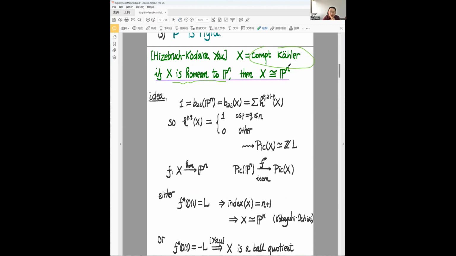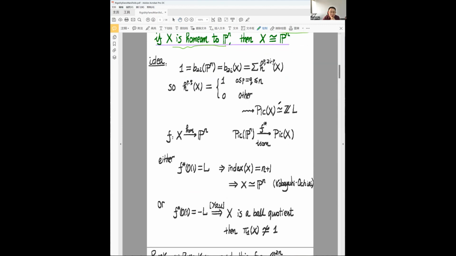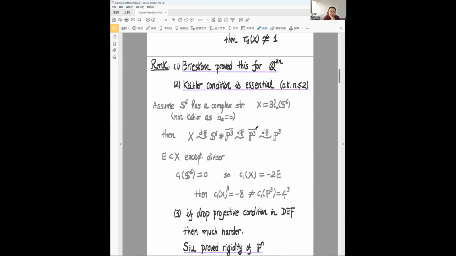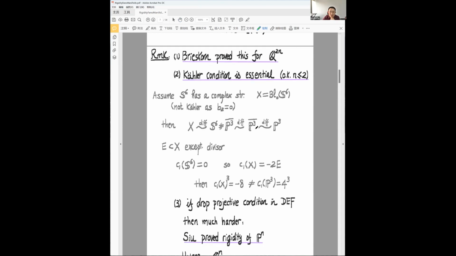So this Kählerness is quite important. In particular, this is related to the existence of a complex structure on the 6-dimensional sphere. So assume this 6-dimensional sphere has a complex structure.